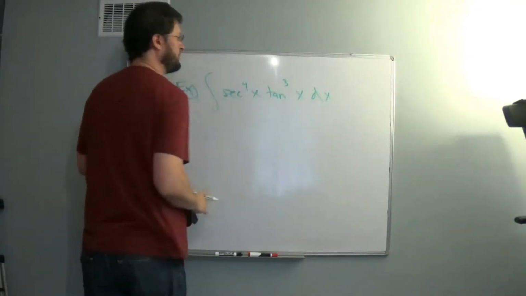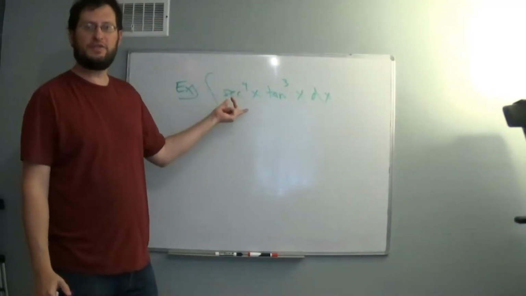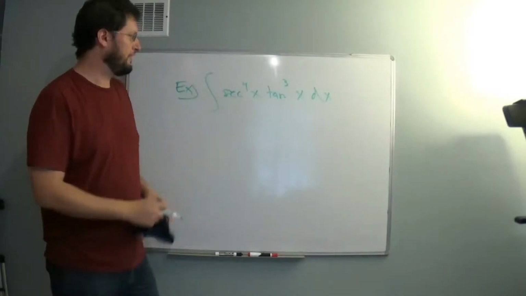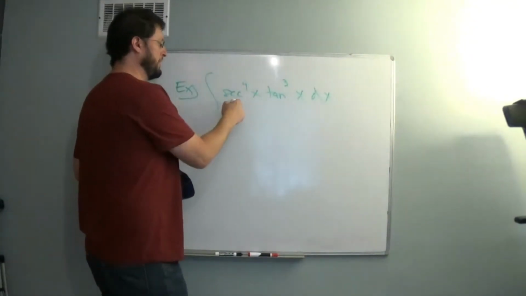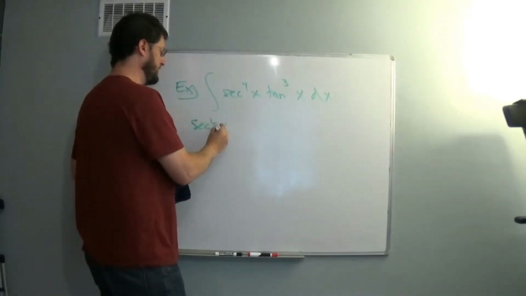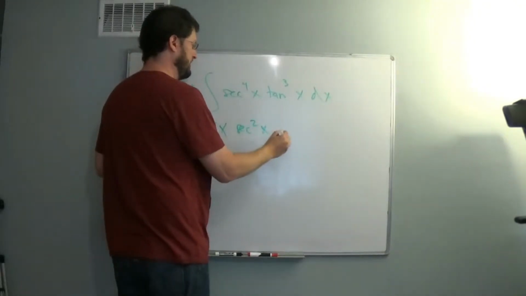In these first examples, it really doesn't matter what the exponent on tangent is. Essentially, if I have an even power of secant and anything with tangent, watch what happens. I'm going to save two secants, and write the other two separately.